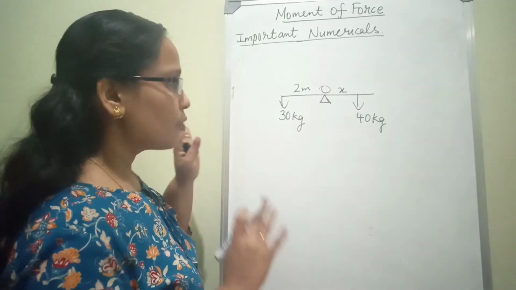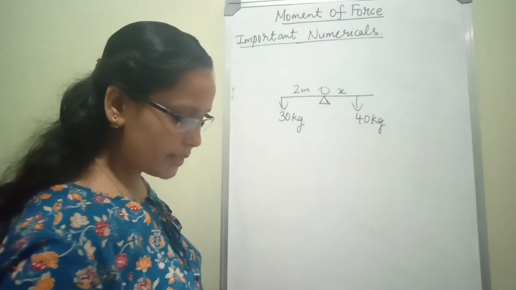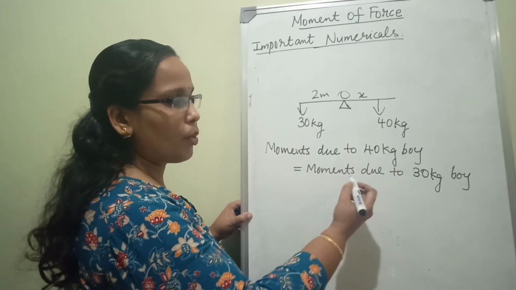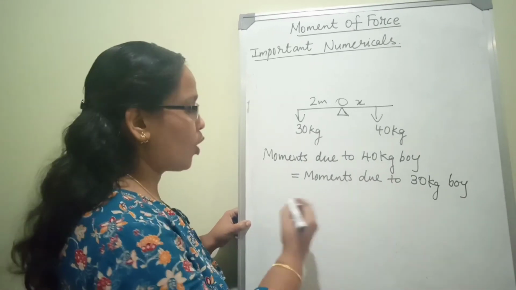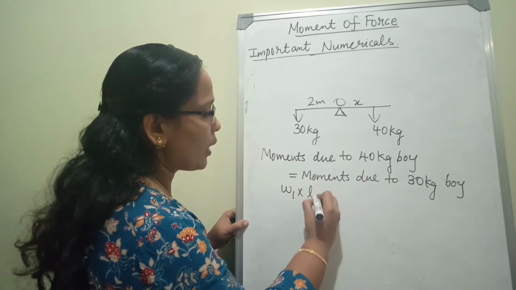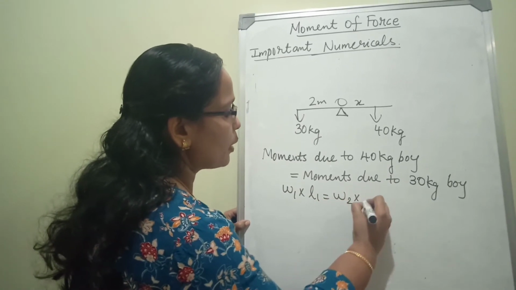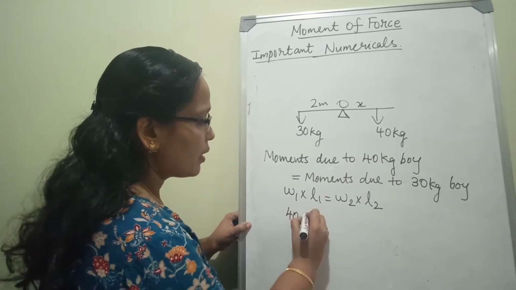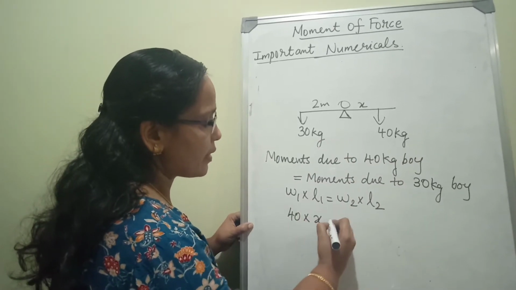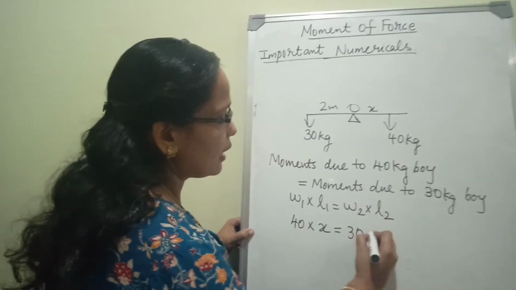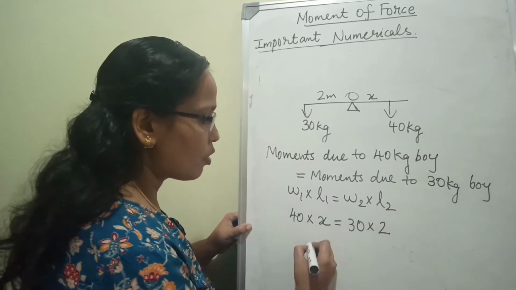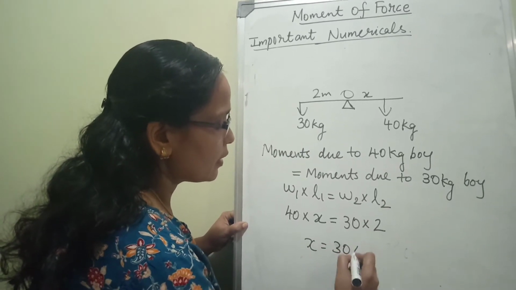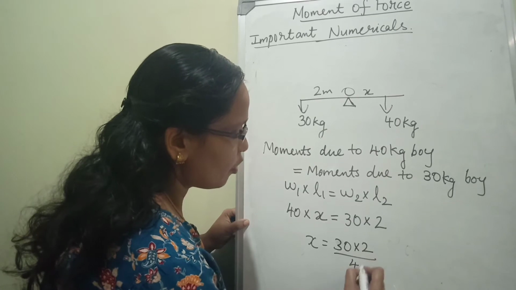Now we have to use the principle of moments here. What is it? Moments due to the 40 kg boy is equal to moments due to the 30 kg boy. That means W1 into L1 equal to W2 into L2. Moments due to the 40 kg boy, 40 into distance x, is equal to 30 into 2. Solve for x: 30 into 2 by 40.